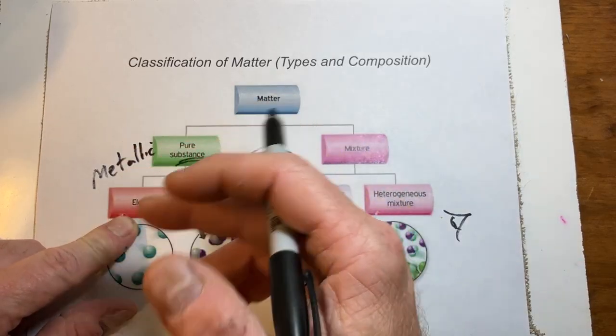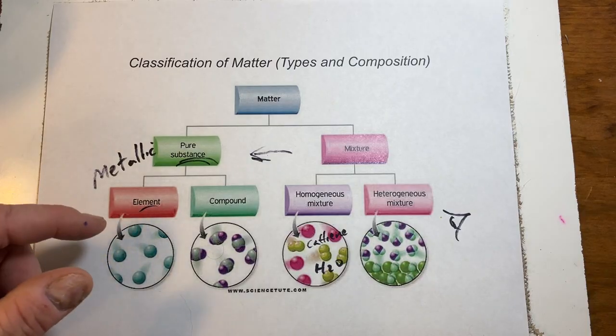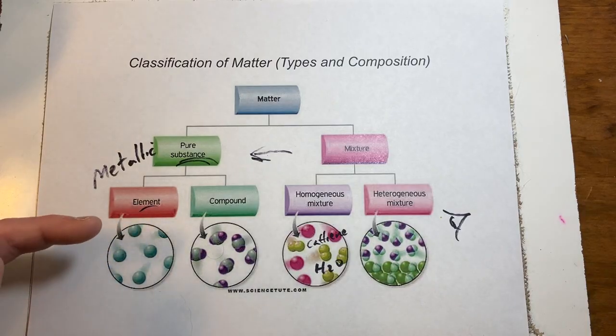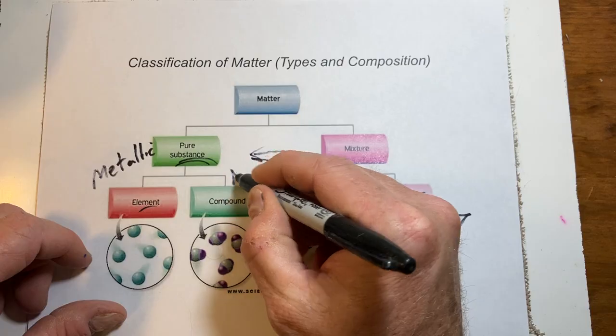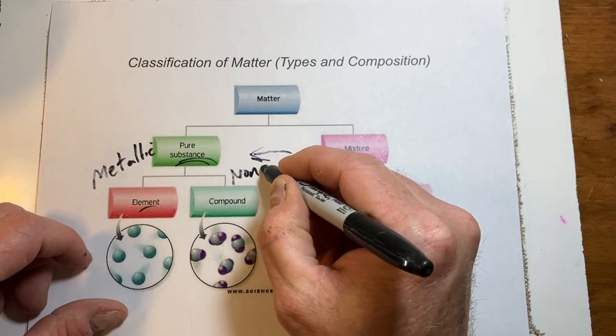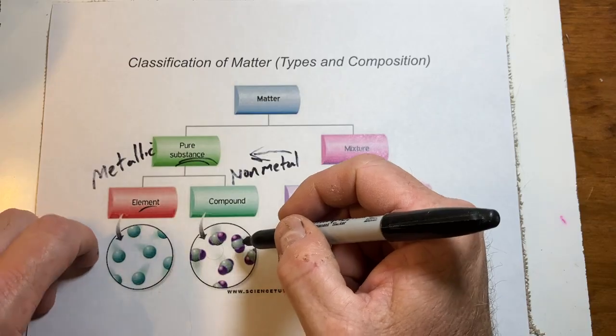Now, metals, or if it's a single element that's making up that metal, then we would say it's a metallic. That's the metal sort of side of the pure substance, the element. Or we can have the non-metals, and non-metals can do something that's kind of interesting.